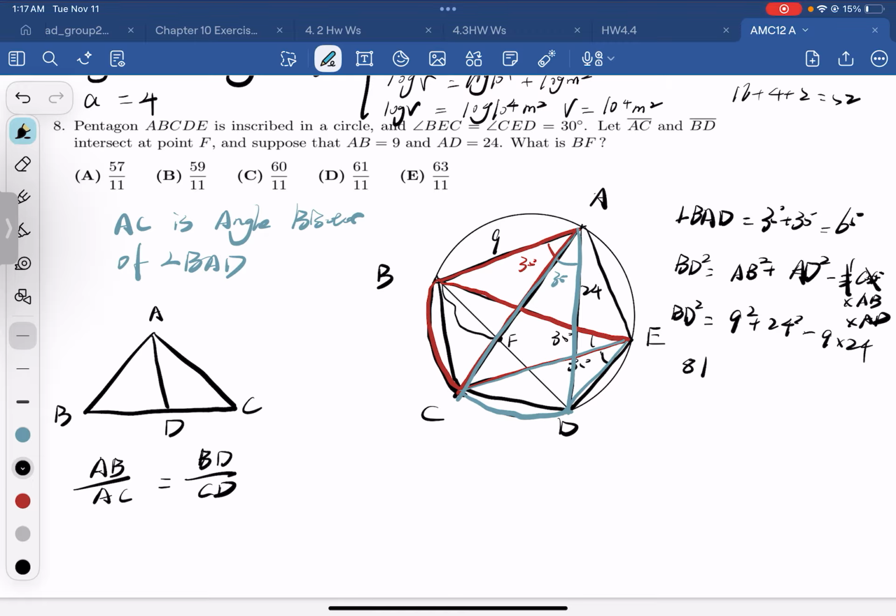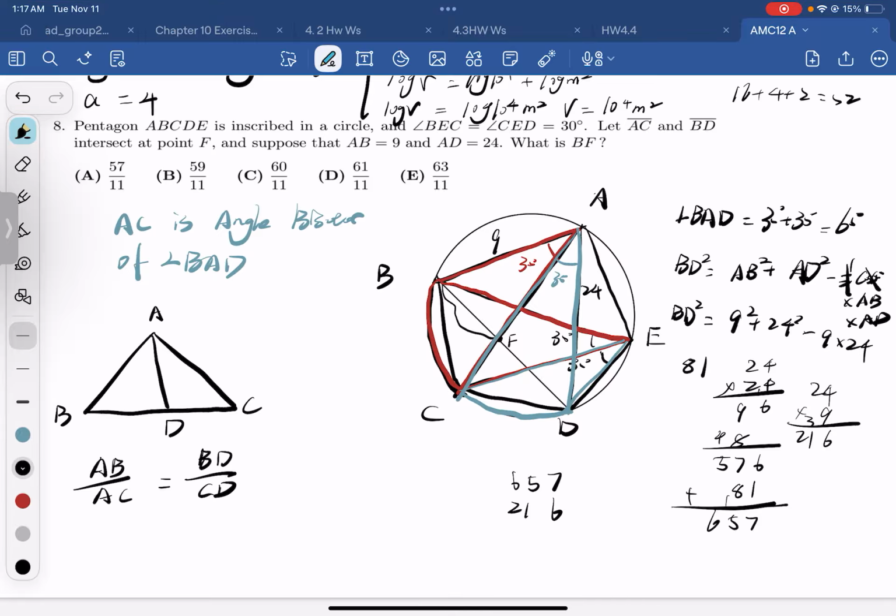So 9 squared is 81 plus 24 squared is 576, it becomes 657, minus 216, so it's 441. So BD should equal 21.